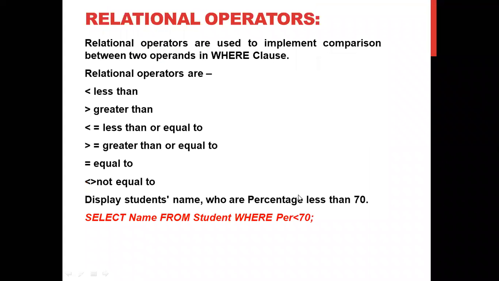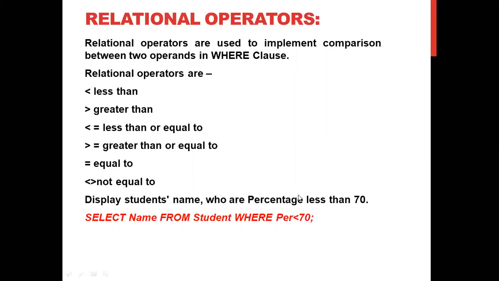Now the next operator is relational operators. It is similar to the operators in any other language. Relational operators are used to compare two operands, and these operations are performed in the WHERE clause. It means we use these operators in the WHERE clause for comparison.